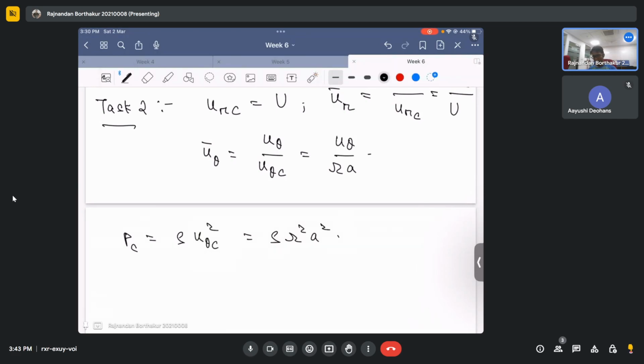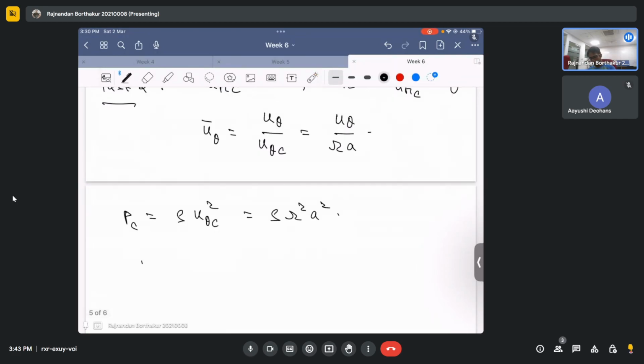So this means the non-dimensional pressure P bar would be defined as P by PC, which means P by rho times omega squared A squared.